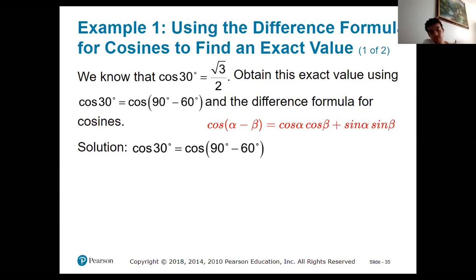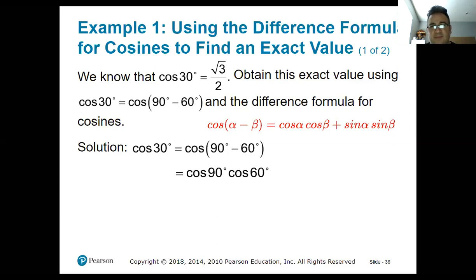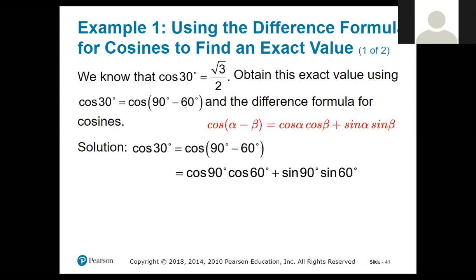And what is my beta? 60. So I'm just rewriting this in terms of alpha and beta being 90 and 60. Go ahead and write it down. So that's cosine of 90 times cosine of 60 plus sine of 90 times sine of 60.